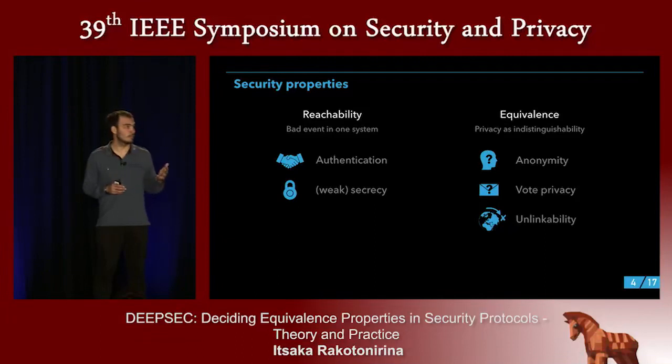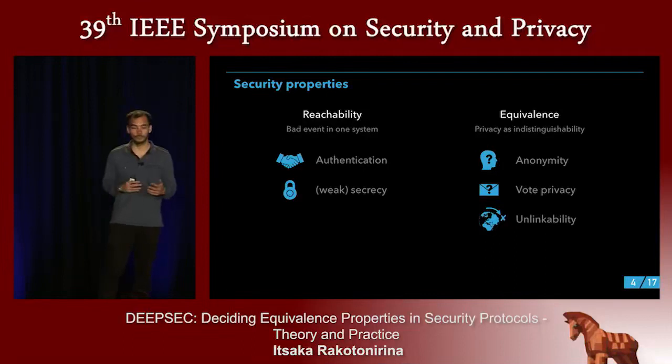For example, I would say that the attacker breaks my anonymity when the attacker is able to distinguish between the situation where I am doing something and the situation where someone else is doing the same thing. And you can actually model a bunch of privacy-type properties using these equivalences.